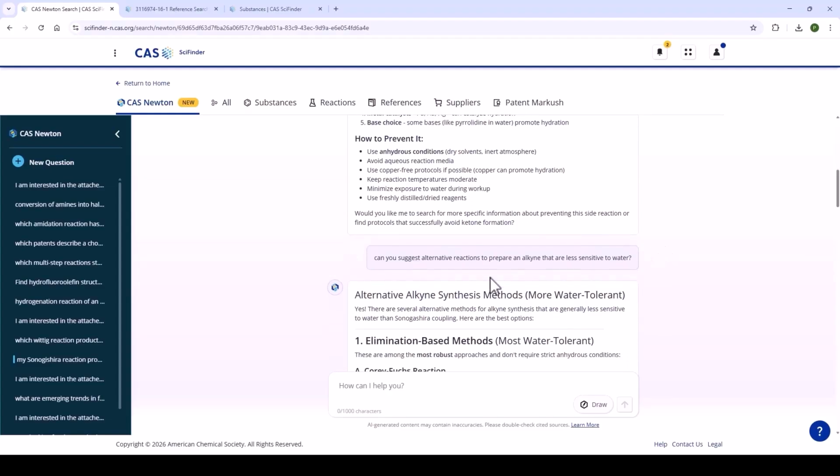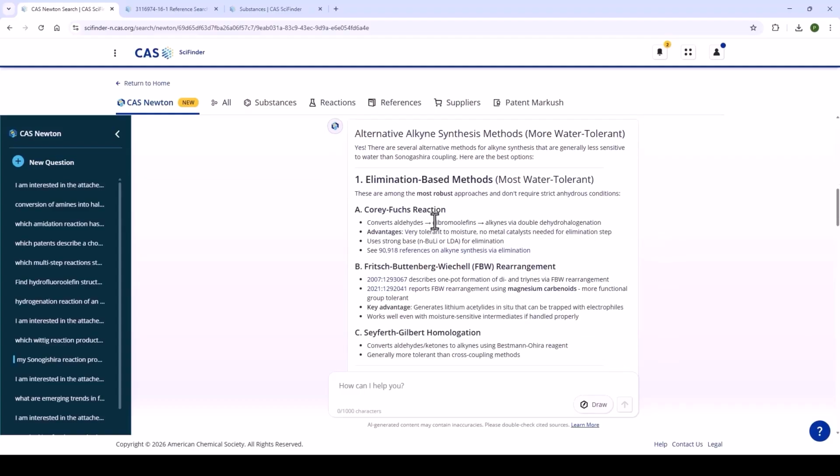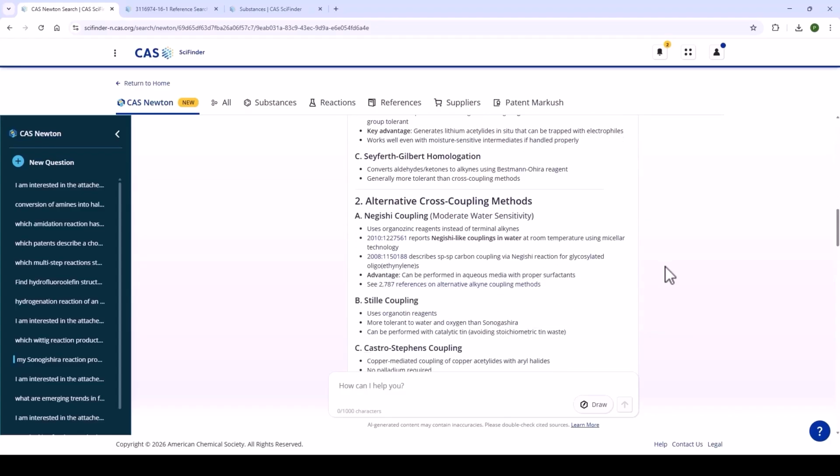We could also ask it to look for alternative reactions. So can you suggest alternative reactions to prepare an alkyne that are less sensitive to the presence of water? And so again, after some thought and some searches, there are some alternatives where we could see a variety of different approaches with their literature references or a link to those particular references or reactions that we can then click on to further follow.